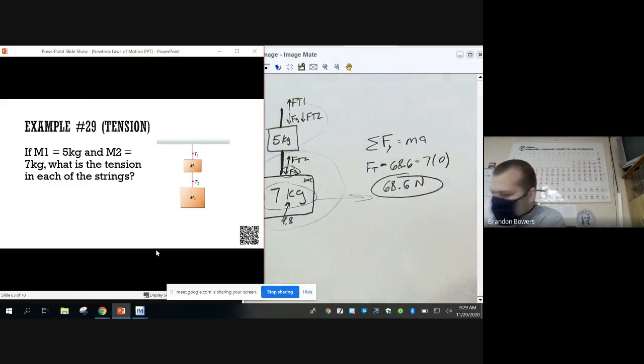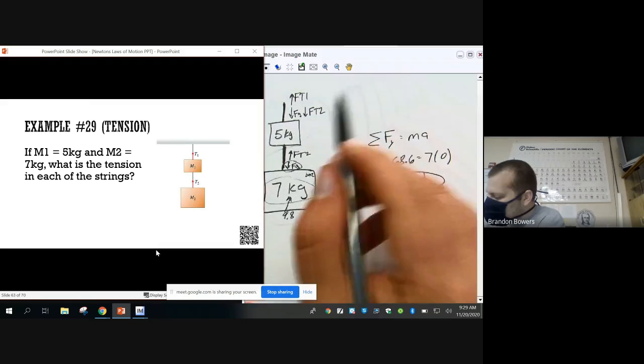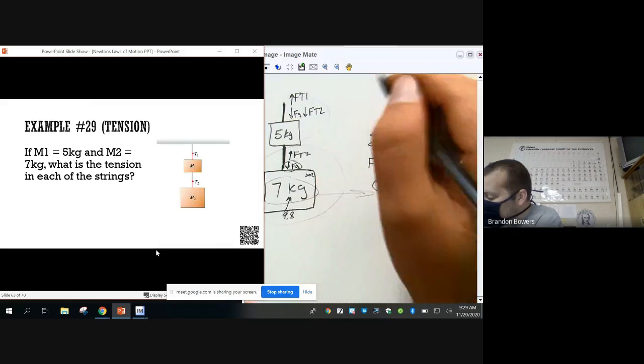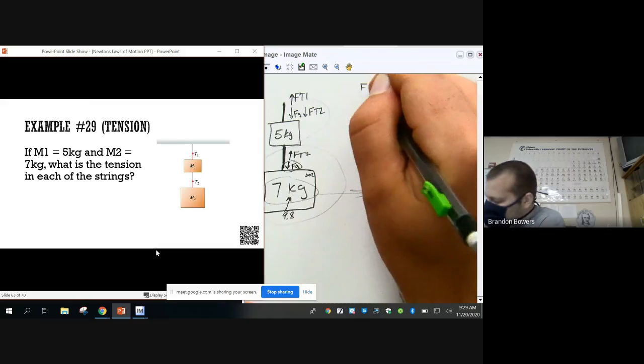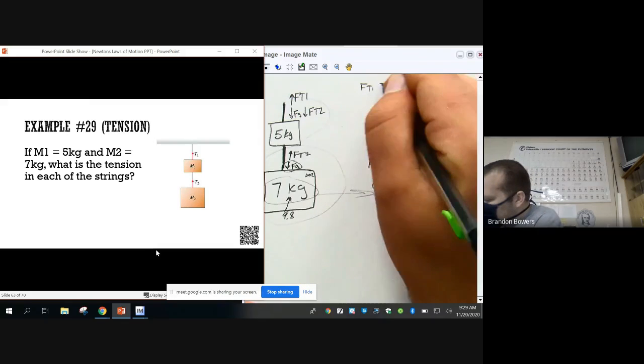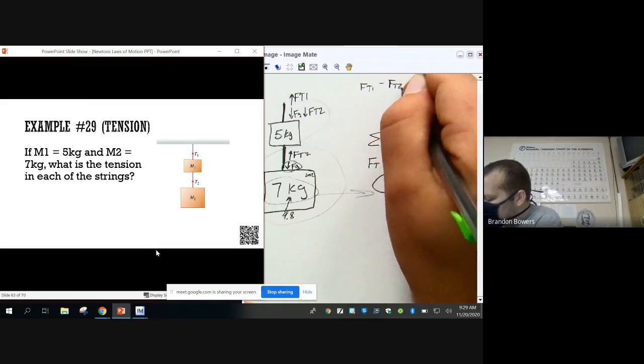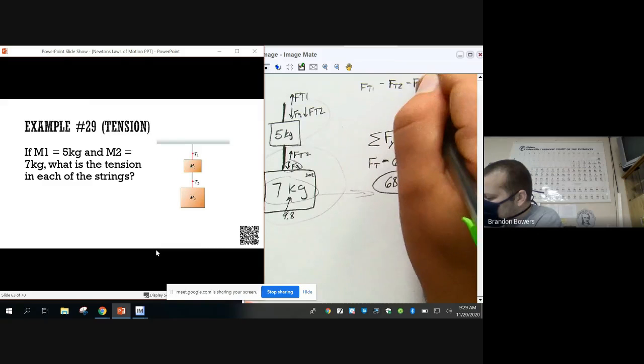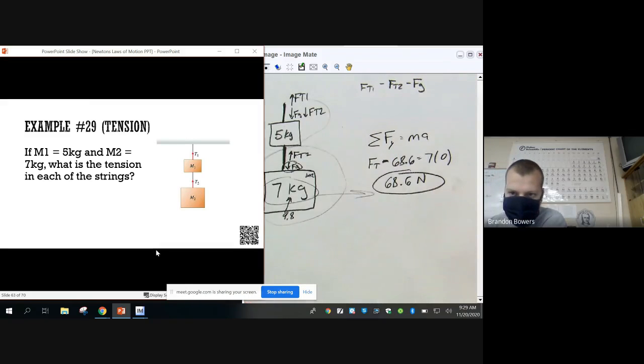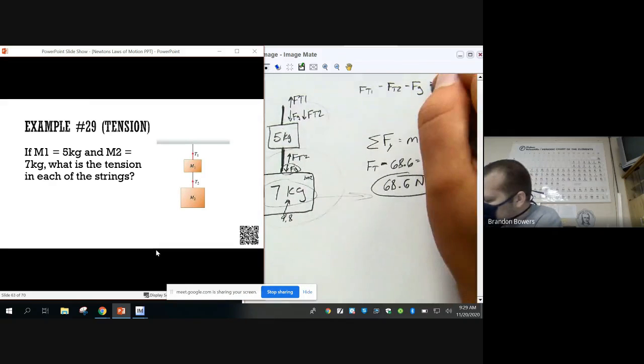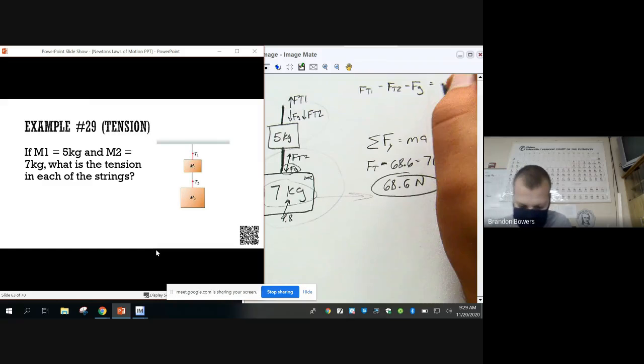Now we've got to do the other string. So we look at all our forces. Force of tension 1 minus the force of tension 2 minus the force of gravity is equal to the mass times acceleration. Force of tension 1, I do not know.